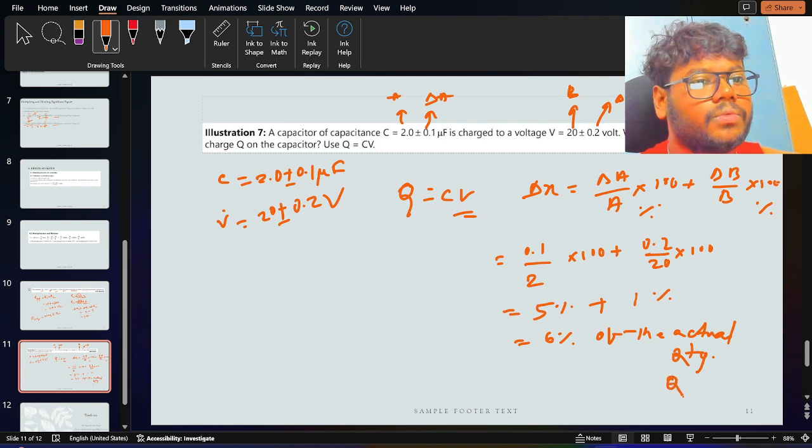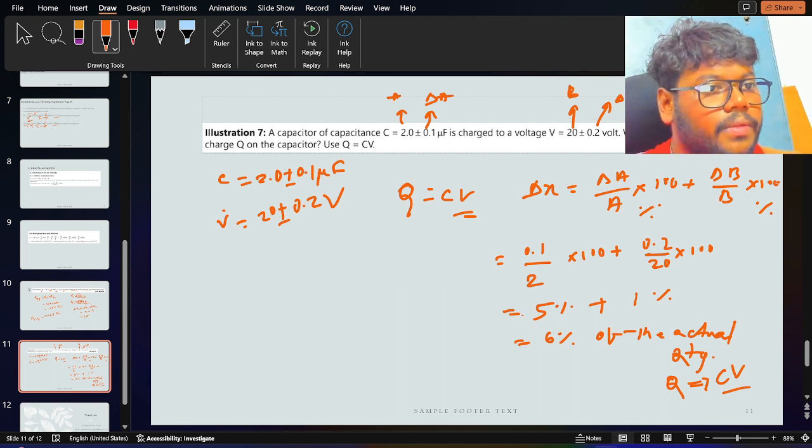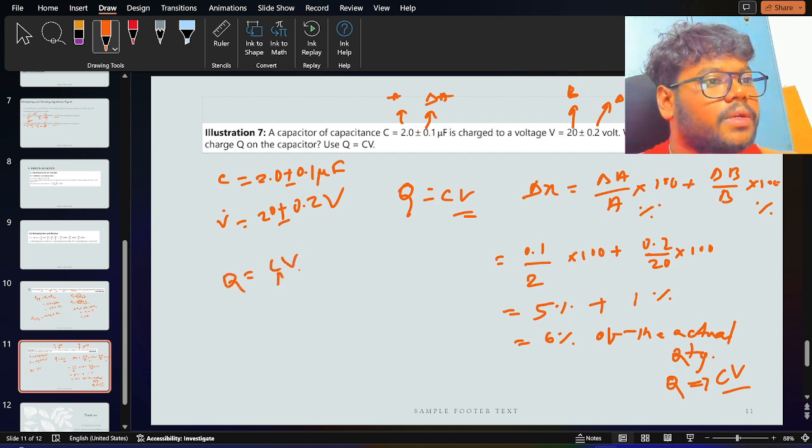That is, Q is equal to CV. Now what is our actual quantity here? We can find it from the simple formula Q is CV, using the basic quantities: 2 microfarad into 20 volt, which is 40 coulomb.